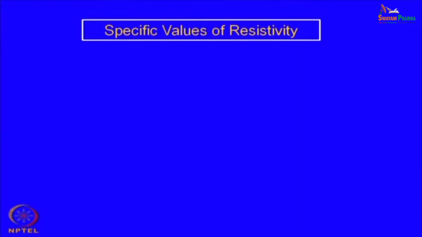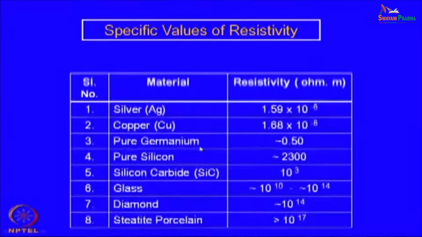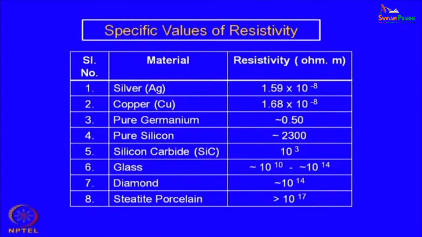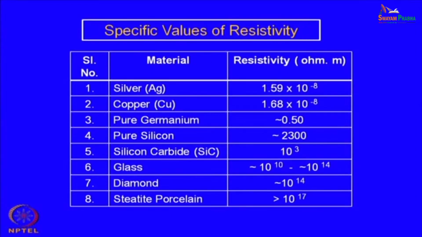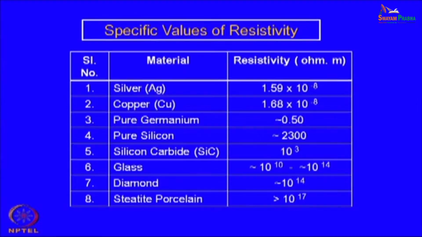This is just to give you an idea of the resistance values of some of the materials which we have mentioned just now. Silver is one of the very good conductors, one of the best conductors available, next to gold maybe.